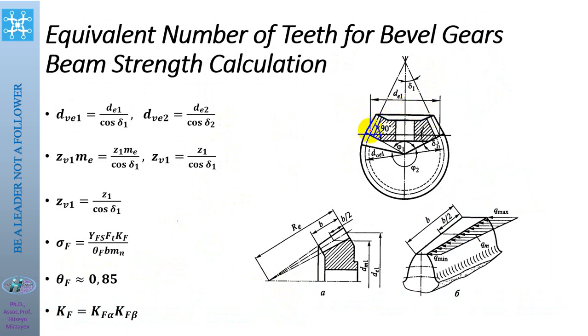This is the original bevel gear, and this one is the equivalent spur gear, whose radius is equal to the back cone radius. dv1 is the pitch circle diameter for the equivalent spur gear, and de1 is the external pitch circle diameter for the bevel gear.